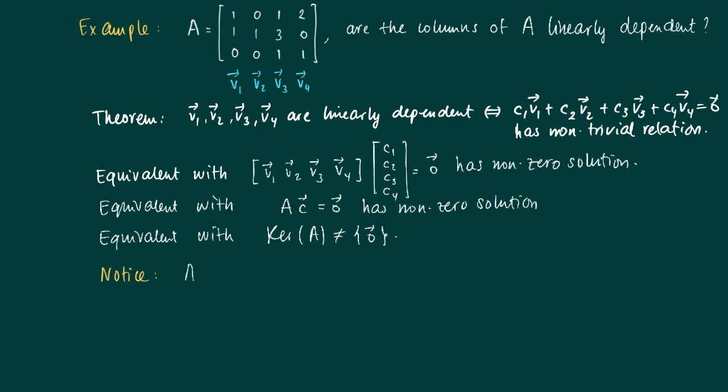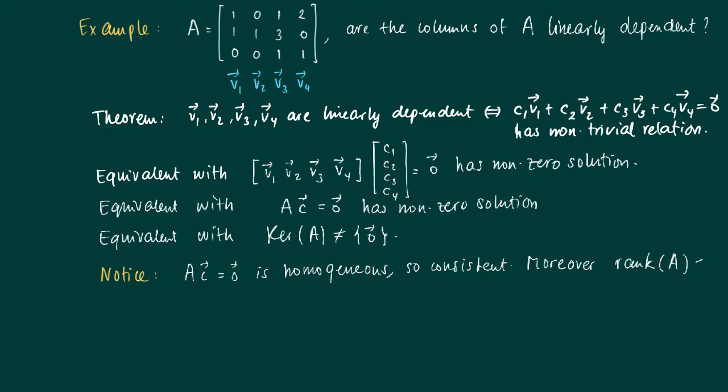Well, look at the matrix A here. We have Ac is 0, this is a homogeneous type of system of linear equations, so it's consistent. And also notice that the rank of A is at most 3.